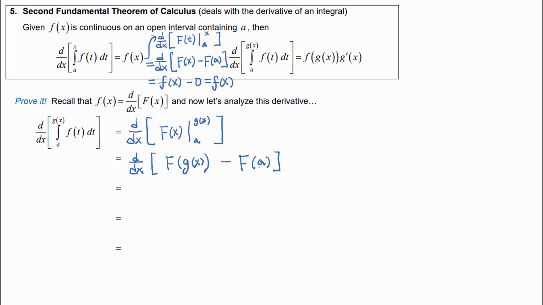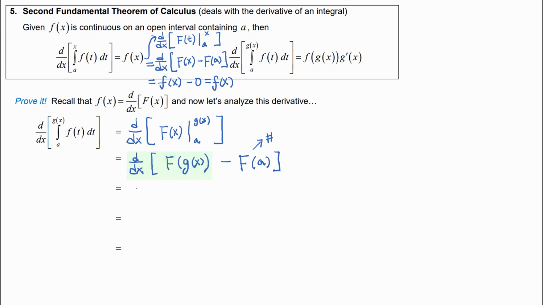But when you plug a number into your function, it's just a number. So this is just a number. And F of g of x is now a composite function. So when you take the derivative of a composite function, you've got to use the chain rule.